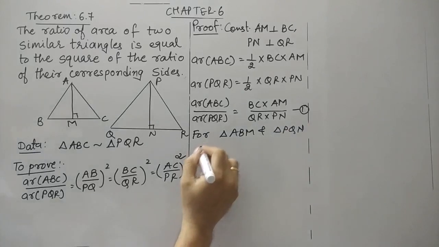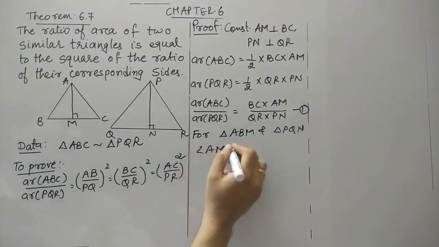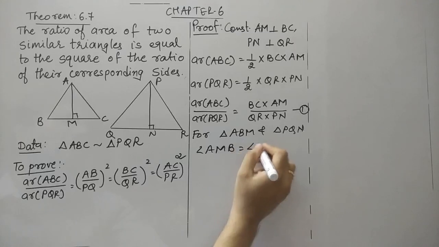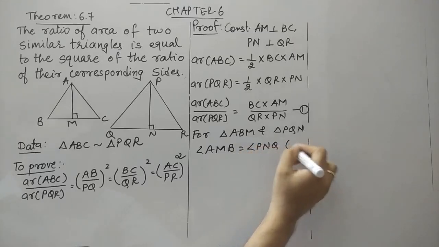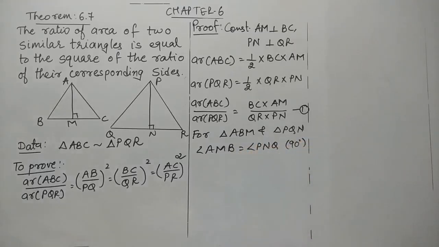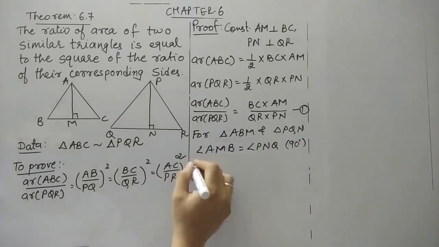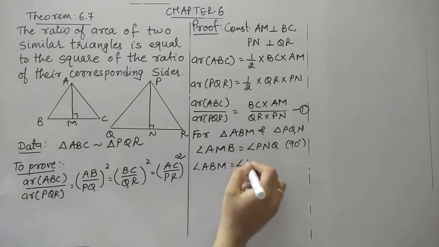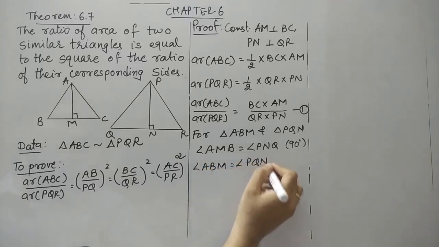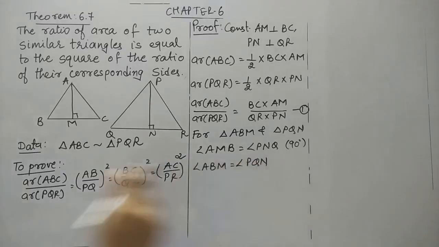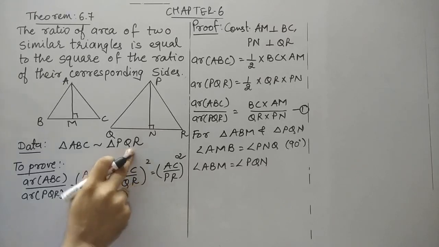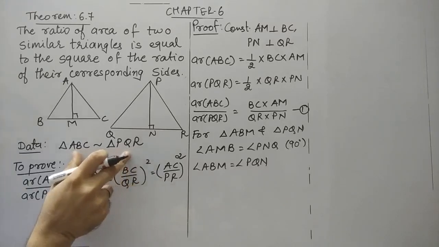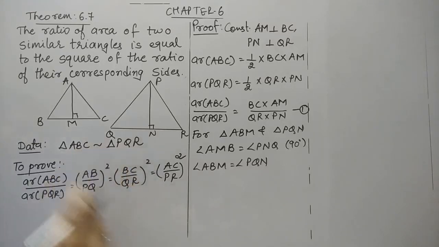How? We know that angle M and angle N are the same because they are both right angles. One more angle is the same, that is angle ABM is the same as angle PQN. Why have these two angles been written as the same? Look at what is given in the data. The two triangles are similar, so corresponding angles are also equal.